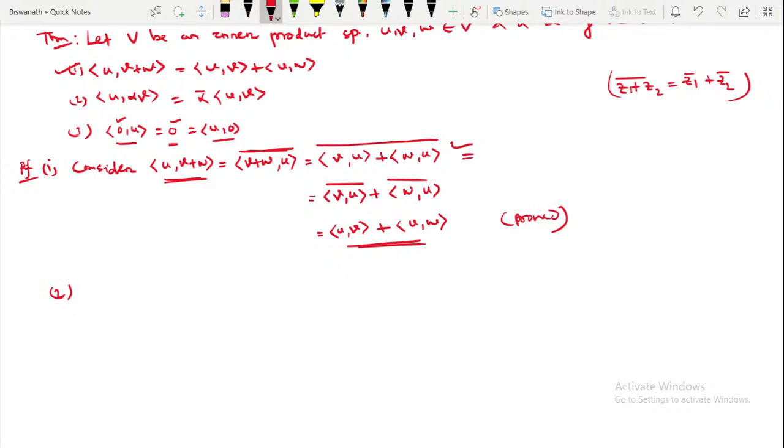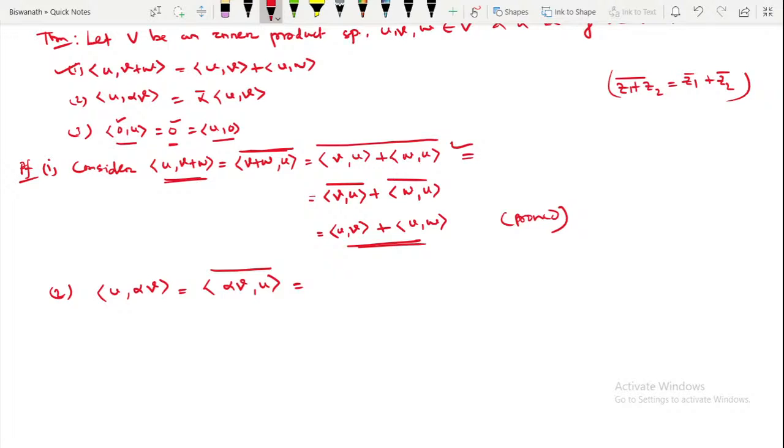Now come to the second bit. The inner product of u, alpha v, in a similar way, is the conjugate of the inner product of alpha v, u. Since I interchanged the order, I have to give the conjugate.